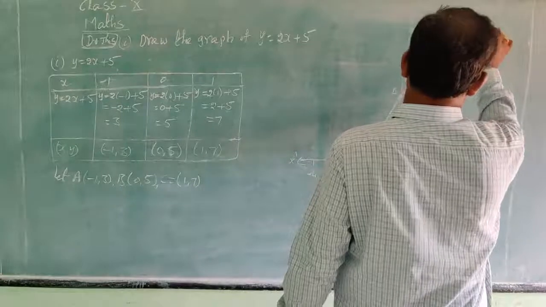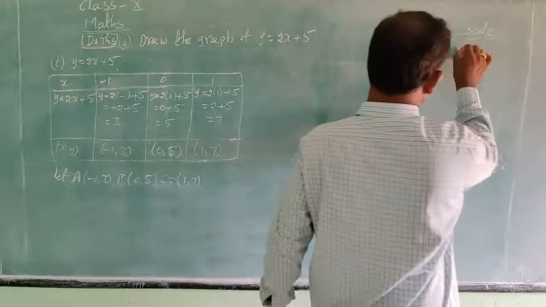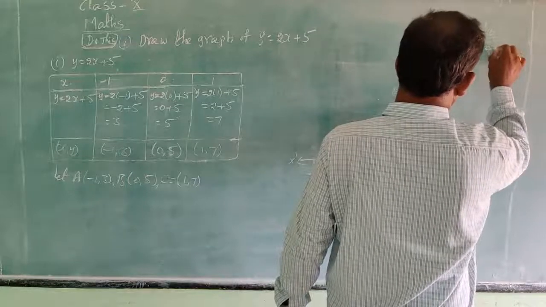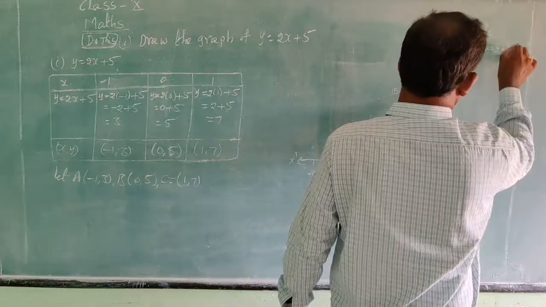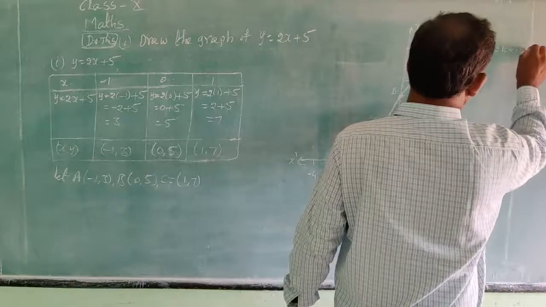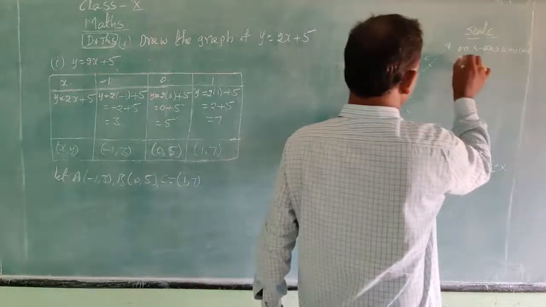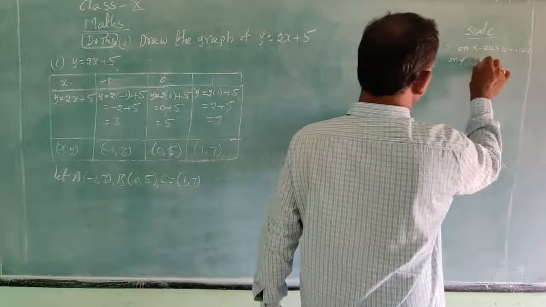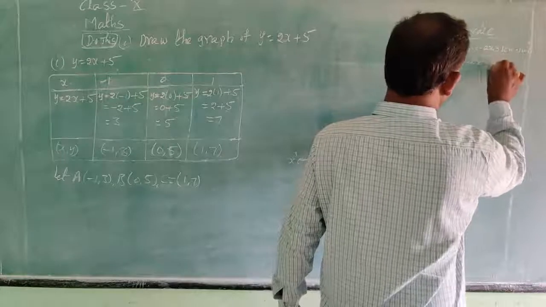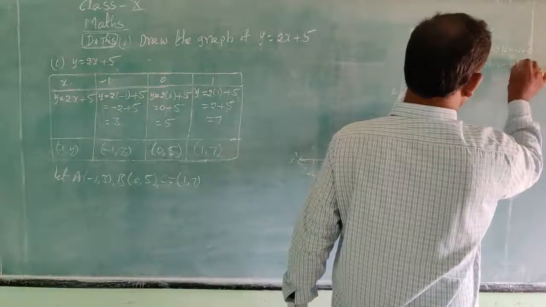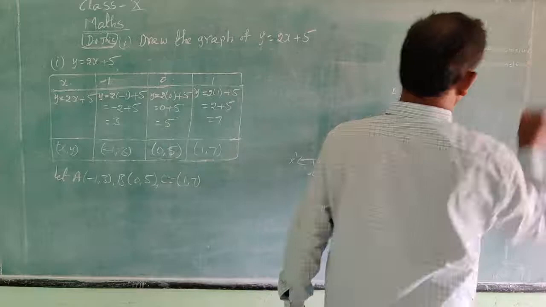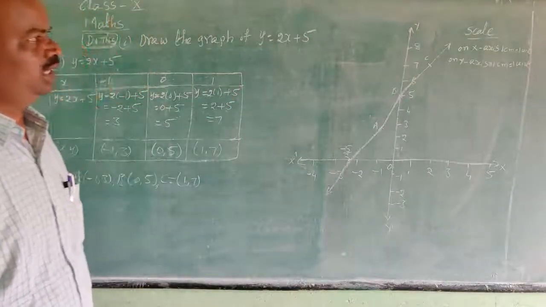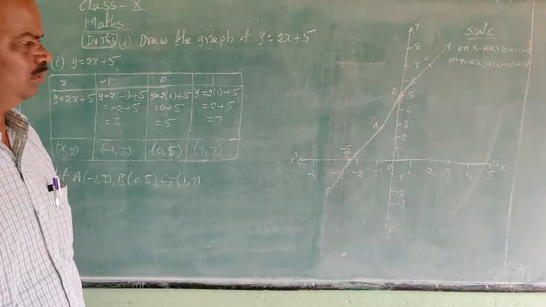Writing the scale: on the x-axis, 1 centimeter is equal to 1 unit. On the y-axis, 1 centimeter is equal to 1 unit.